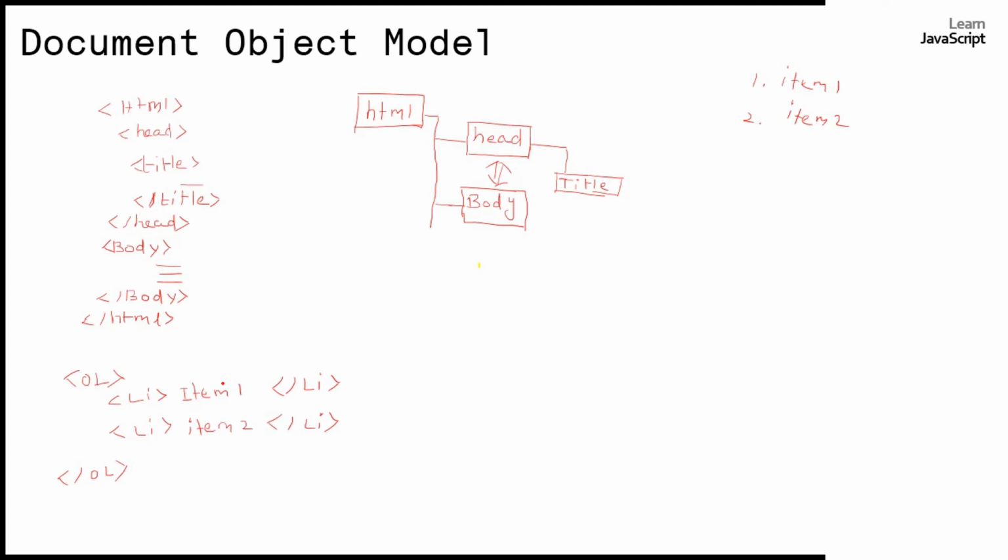So then the text element you are seeing here, right? This is also a child, but this is a child of the list element. Similarly, this is a child of this li. So if we want to represent this, the ordered list has two child elements li for these two tags.